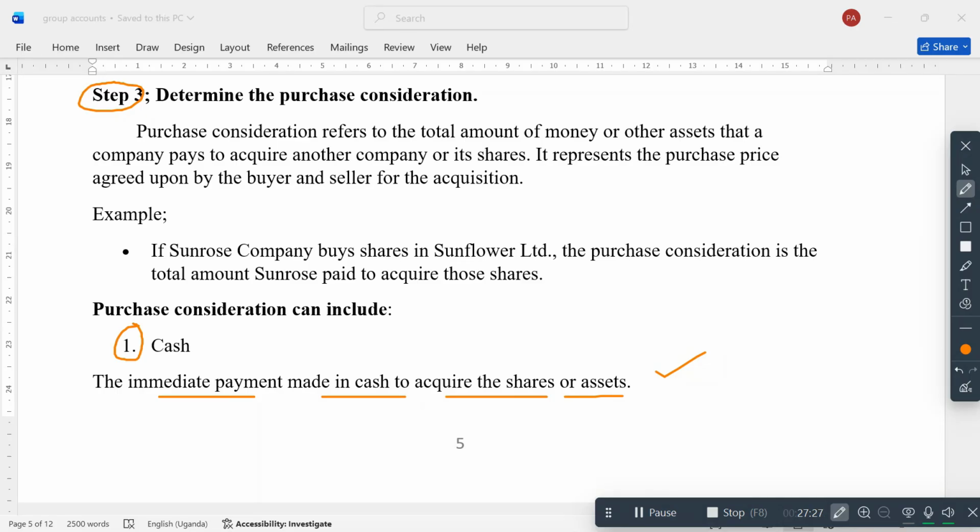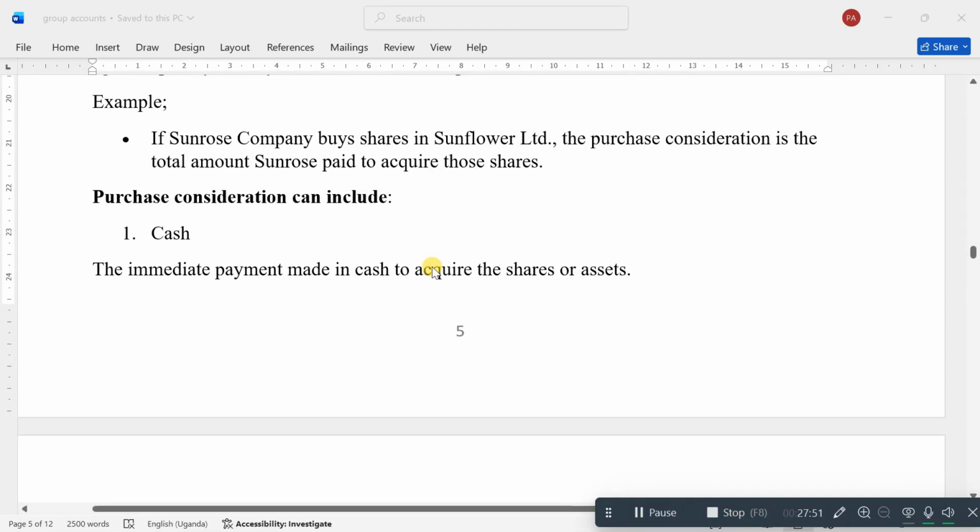But sometimes you may find a question, more so at advanced financial reporting, that includes several purchase considerations. Maybe you pay the cash and some other things. We need to bring them together and get the total. Now here, that is cash. Number 2 would be something else other than cash.